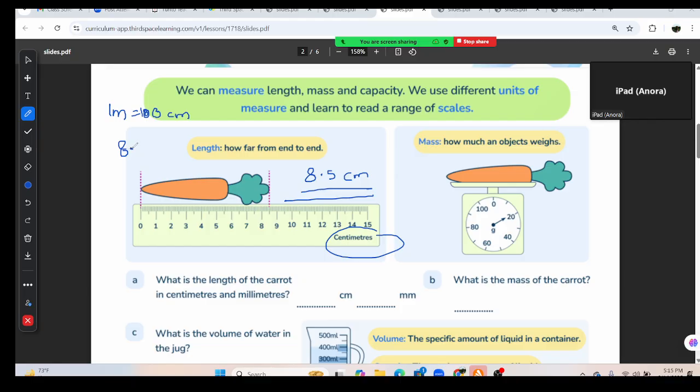So you would not multiply, you would divide it, right?